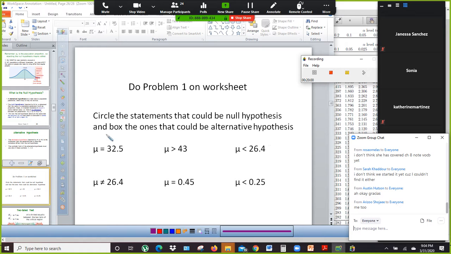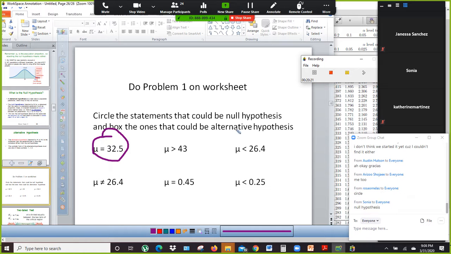Sonia? I can't hear you, so go ahead and just type it into the chat if you want instead. Circle? Okay. Circle, that's correct. Yep, it can be a null hypothesis.